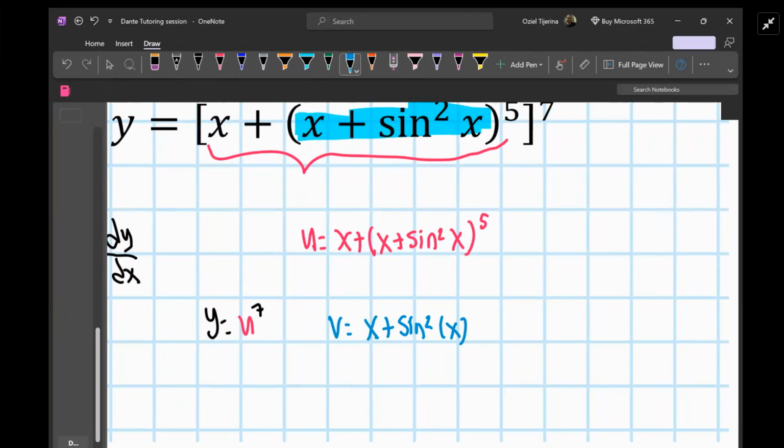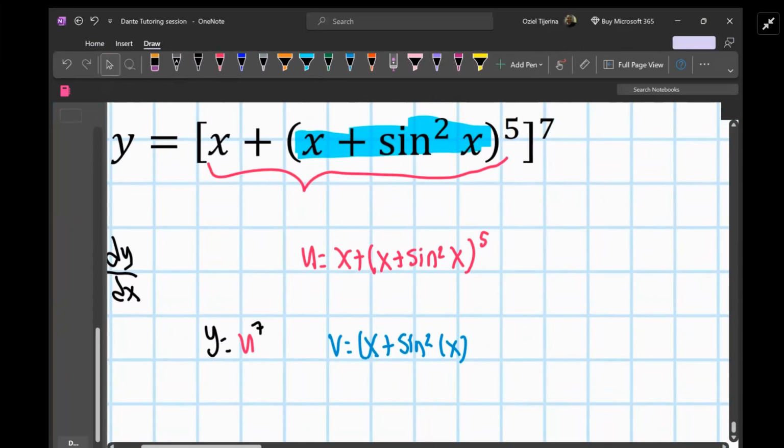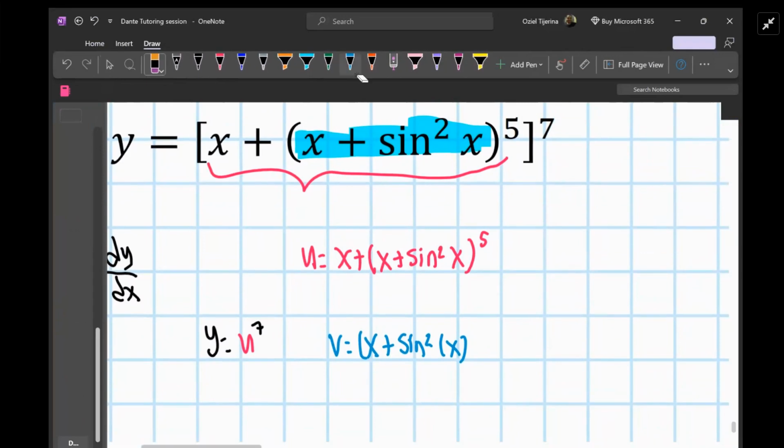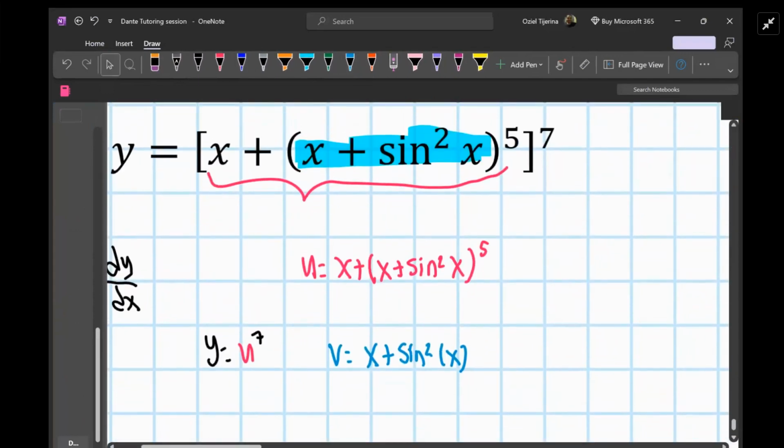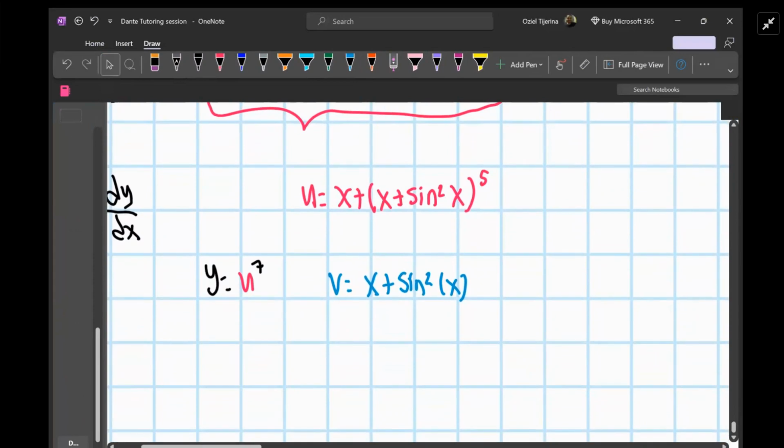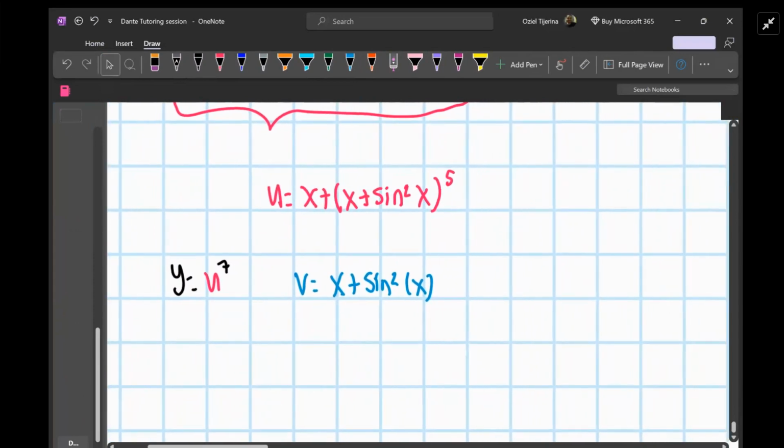Actually, hold on, I'm sorry. It's just going to be x plus sine squared of x. So really u is x plus v to the fifth, right? If you think about it.